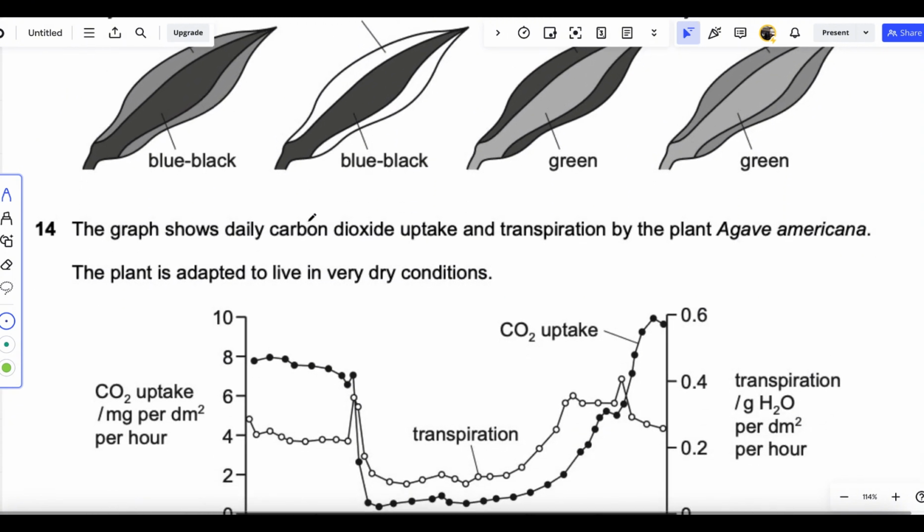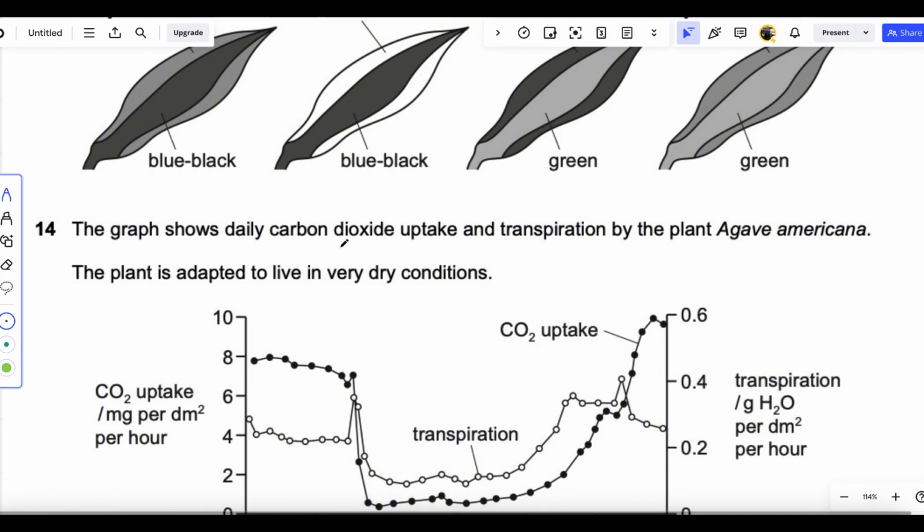Question number 14. We say the diagram shows daily carbon dioxide uptake and transpiration by the plant Agave americana. Now this is the daily carbon dioxide uptake, and the transpiration.